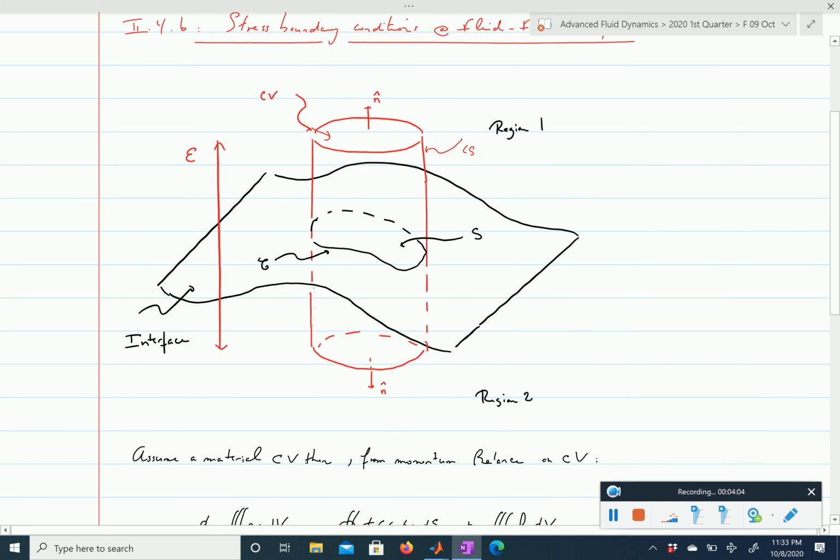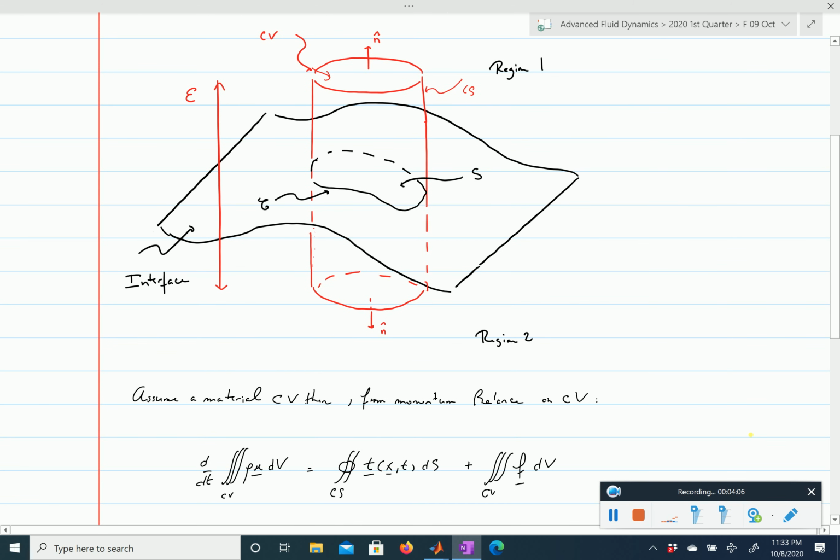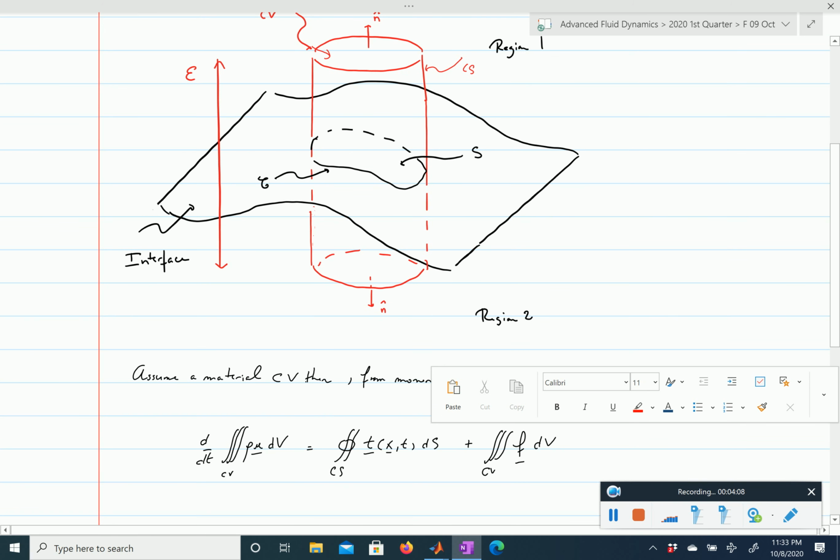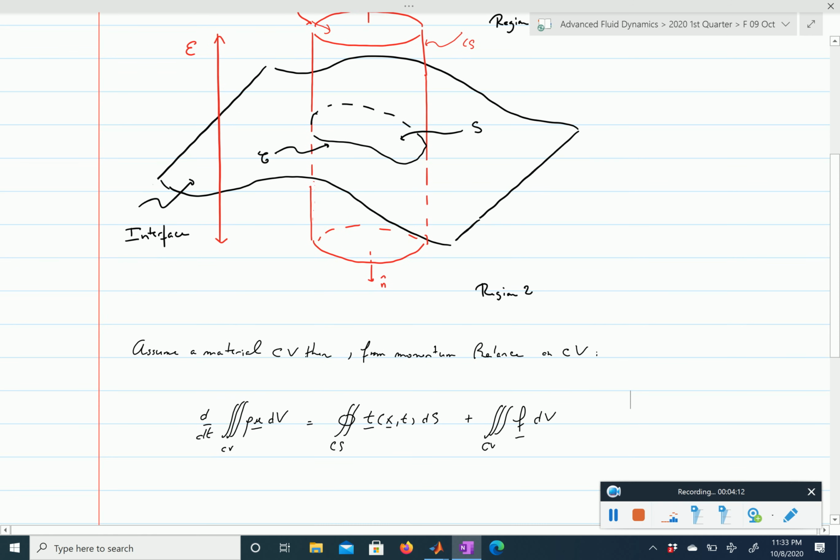And that's what we're going to do first. So let's assume that there are no forces inside of the surface. Then we don't have any additional terms, so then we are done.